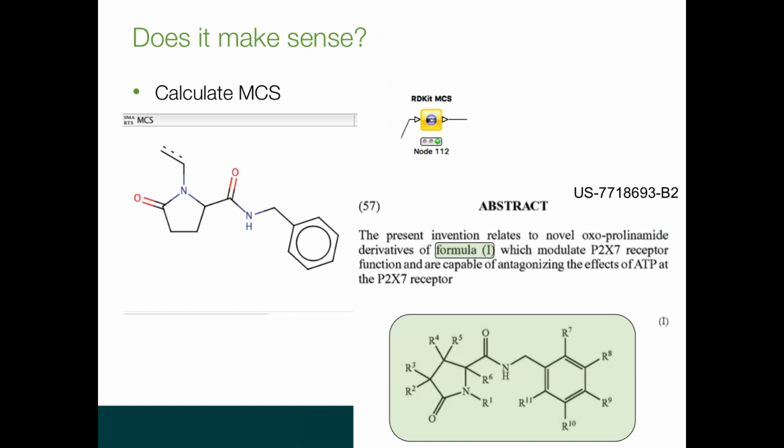And if you do that, you will see that what we have from the MCS is spot on. So without knowing anything about the Markush structure, we can approximate the Markush using the maximum common substructure of the relevant compounds that SureChEMBL extracts from this patent document.